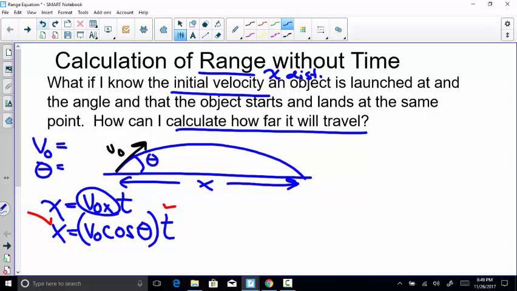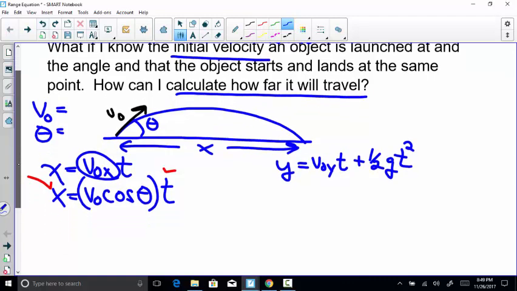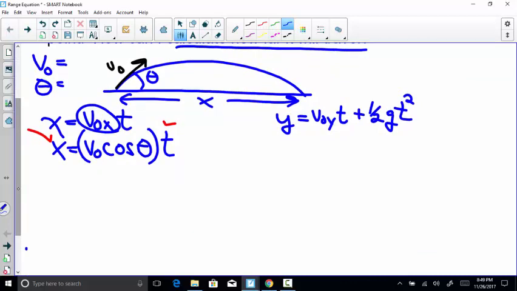One of the y direction equations we can use is y equals v initial y t plus 1/2 g t squared. One of the reasons why we can use this particular equation is because if I start and end at the exact same point, then y equals 0.